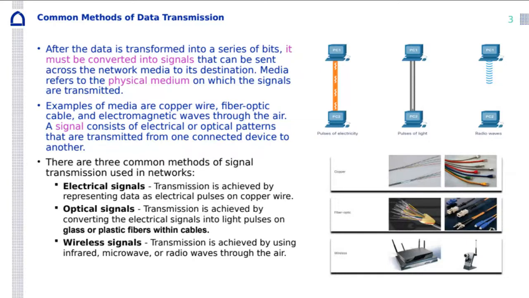The transmission is achieved by converting the electrical signal into light pulses on the glass or plastic fiber within cables. Then we have wireless signal. Transmission is achieved by using infrared, microwave, or radio waves through the air or space. Even in space it will work. Okay, so you can add this if you like, through space also.